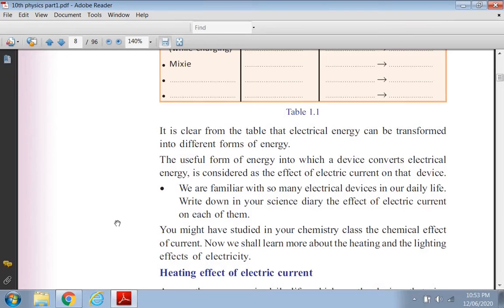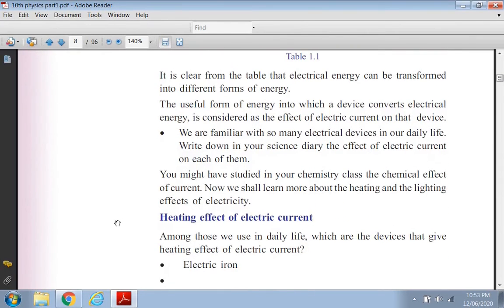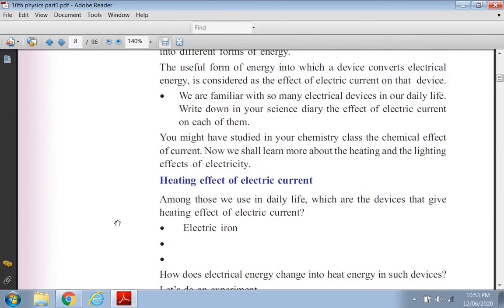Now the next topic is heating effect of electric current. Let's move on to the topic. We have so many devices which give out heat energy while passing electricity, isn't it?